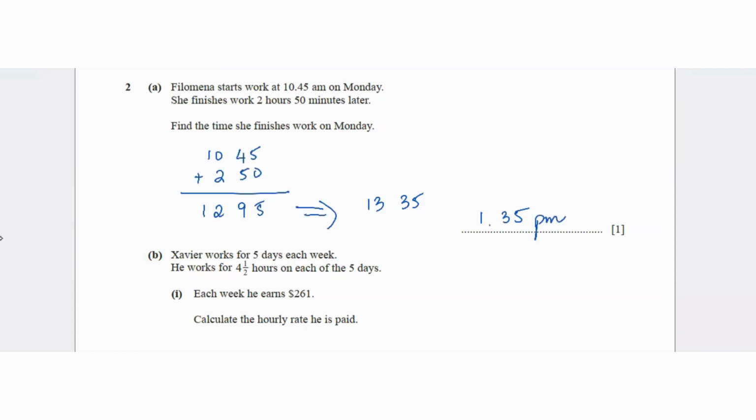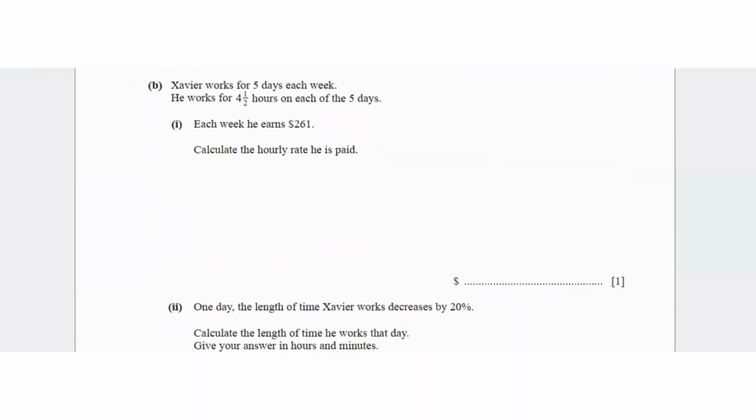Then in part B, it's saying Xavier works for 5 days each week. He works for 4.5 hours on each of the 5 days. Each week he earns $261.